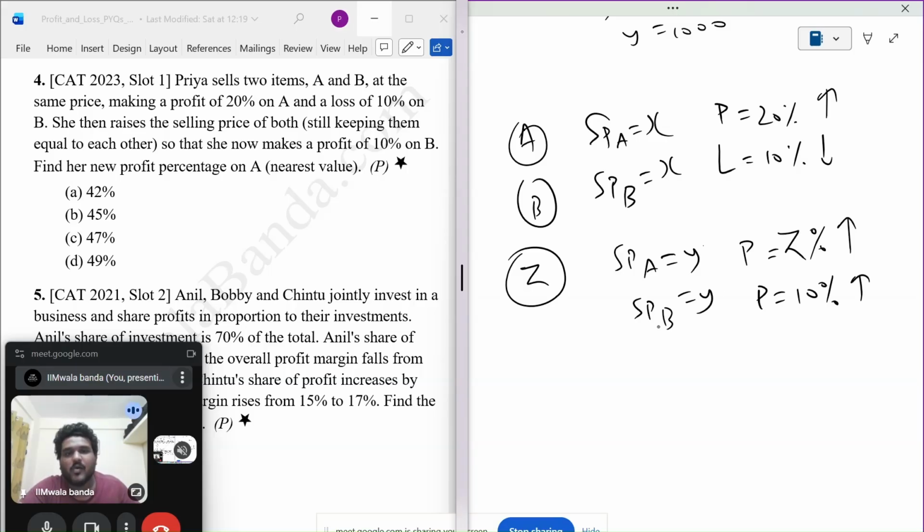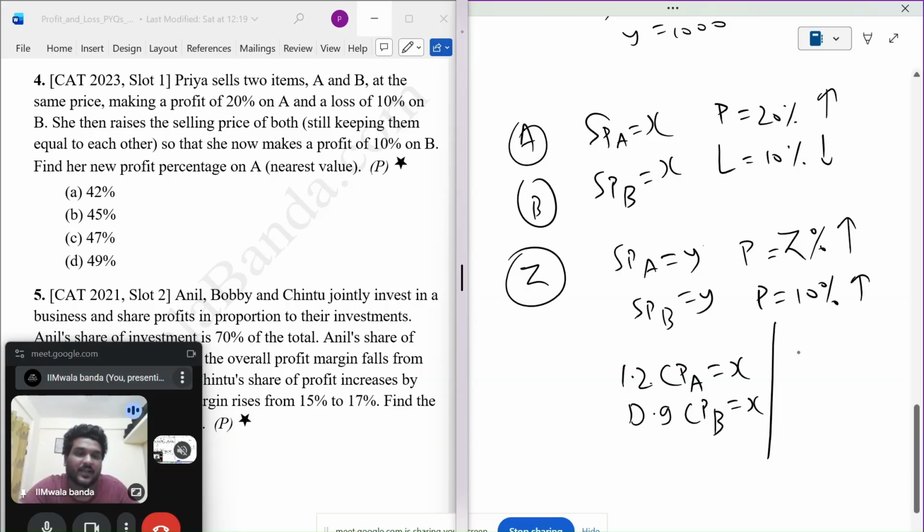Again, what can I do? Priya sells two items at the same price. Now she sells both at the same price. Cost price, I don't know, but cost price will also be the same. So can I say 1.2 times cost price of A is X, and 0.9 times cost price of B is also X. So these two can be equated.